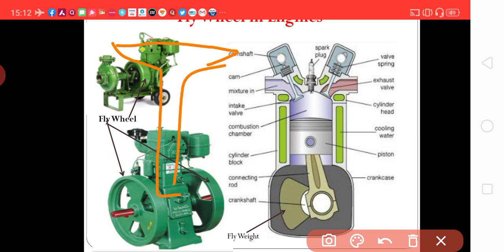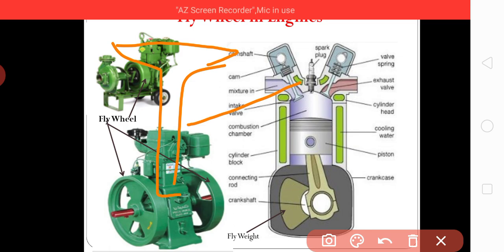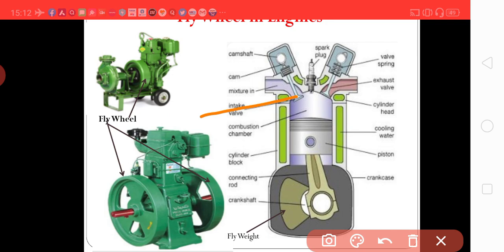So we call it mushroom head valve or poppet valve. Poppet valve means it is a part of the valve timing mechanism. As the crank rotates, it rotates. It is due to this crankshaft, a camshaft we are calling it.